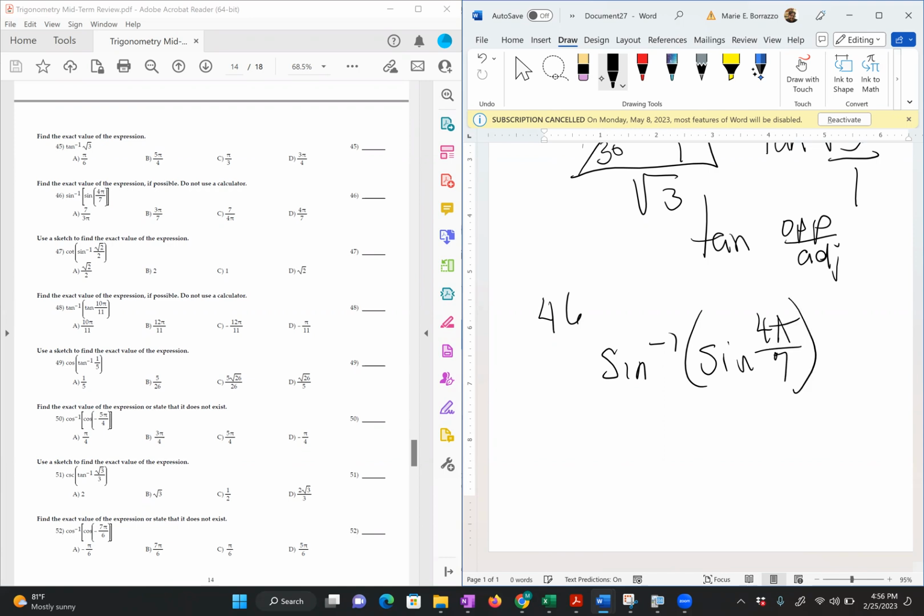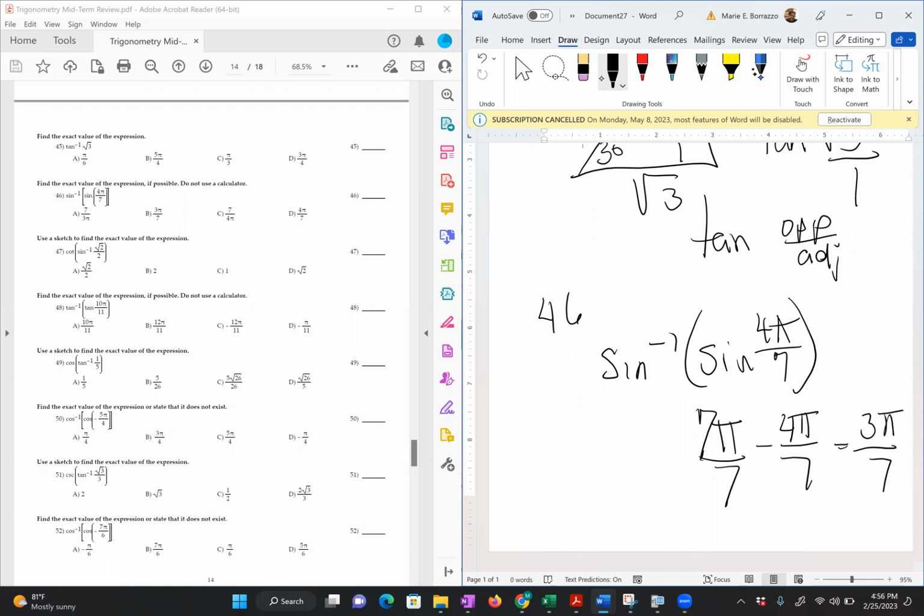I remember discussing this with you guys, and it was basically the complement, 7 pi over 7, minus 4 pi over 7, which results in 3 pi over 7. And our answer choice would be B in that case.